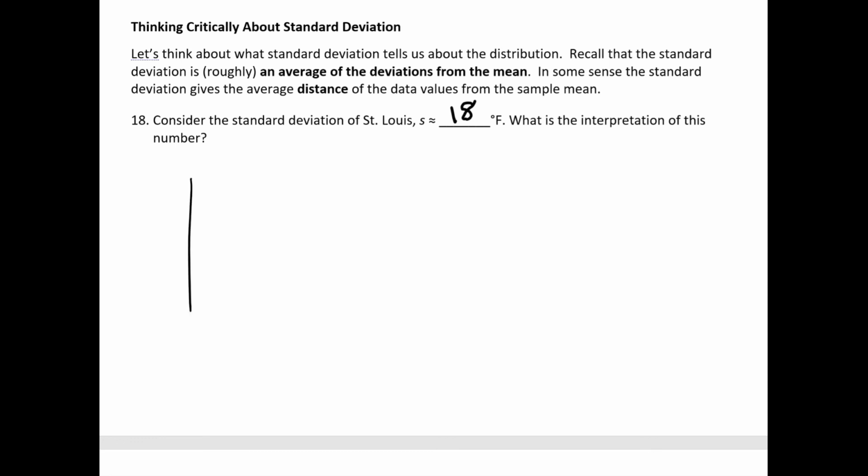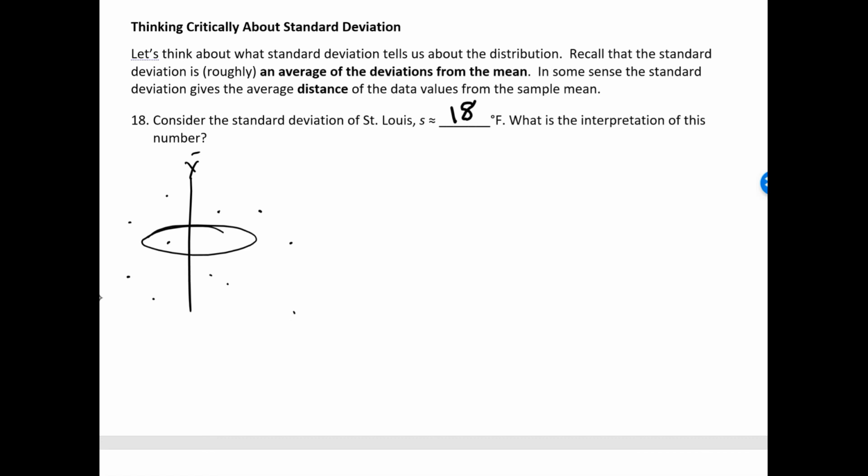If we have some data set and we've got our mean, there's going to be points below it, there's going to be points above it. We want to know, are the points really close to the mean or are they spread far apart? Right? So this standard deviation is giving us a way to summarize that. On average, our data points are about this far away from the mean.